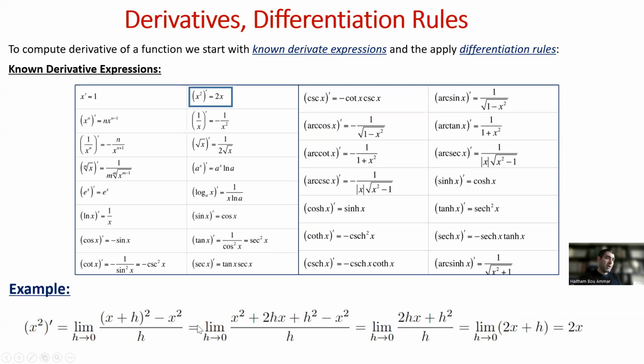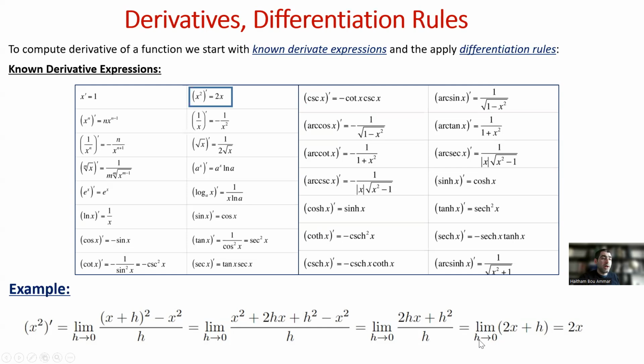When we rewrite the numerator, you will see that x squared and x squared cancel each other out, and the only expression left in the numerator will be 2hx plus h squared. Then we divide by h, which is the size of the displacement, and as a result of that ratio we get 2x plus h.